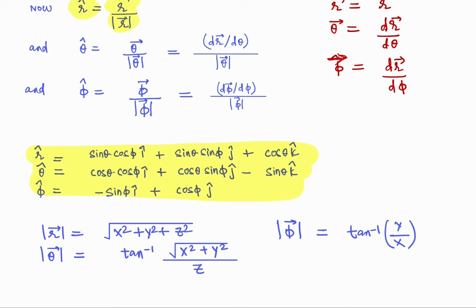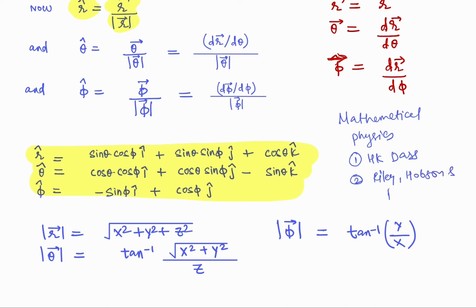You may find it on your own, but if you want additional knowledge, study a Mathematical Physics book by any good writer, maybe H.K. Das, or Engineering Physics, and Riley, Hobson, and Bence. But for UPSC purposes, you are not required to know more than what we have studied. Just memorize them and you are done.